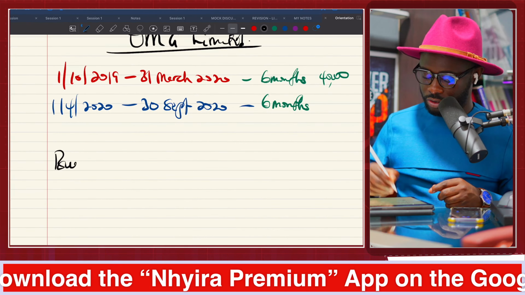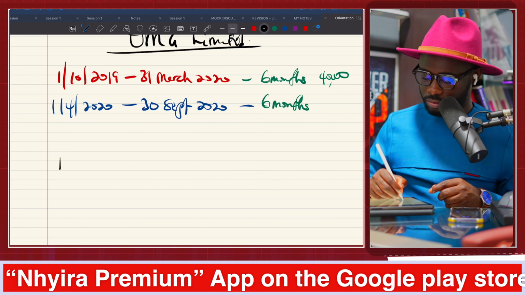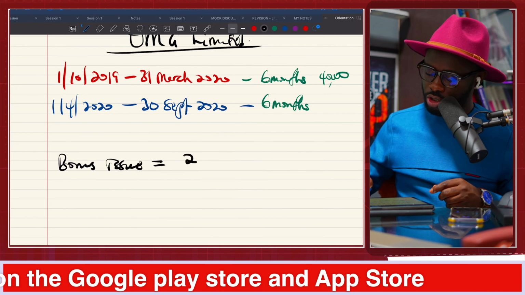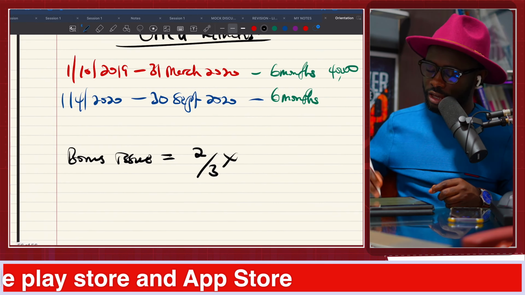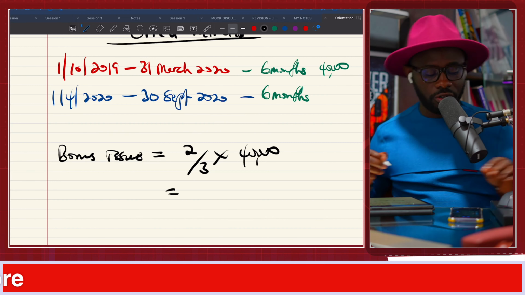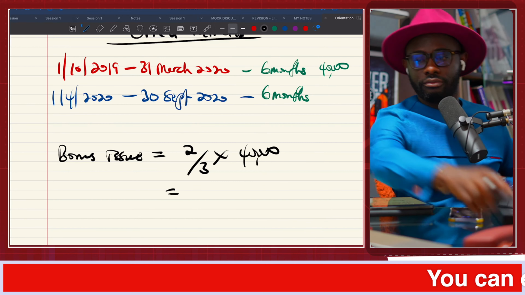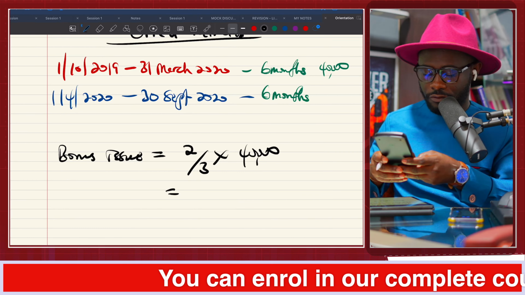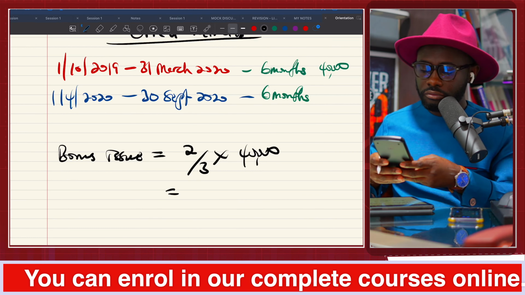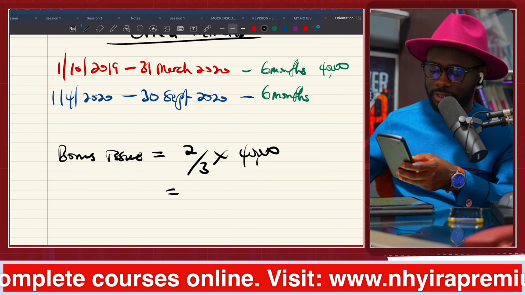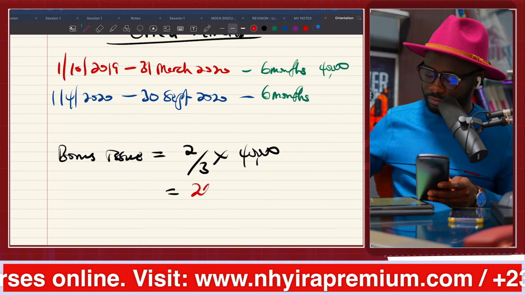So the bonus issue is going to be 2 over 3 times the number of shares outstanding, 40,000. So we punch that out. What do we have? 2 over 3 by 40,000. And I'm getting 26,667.